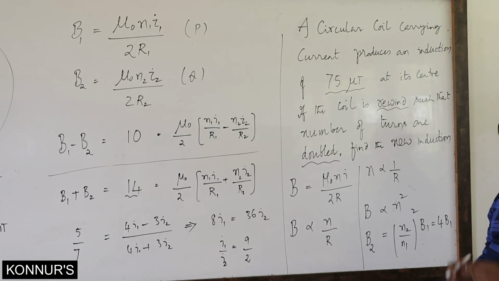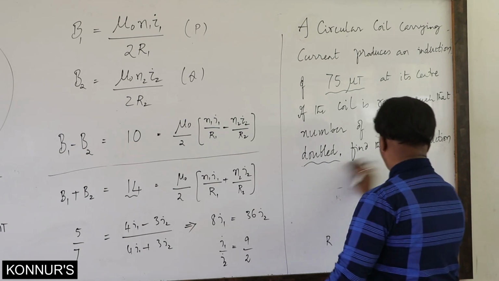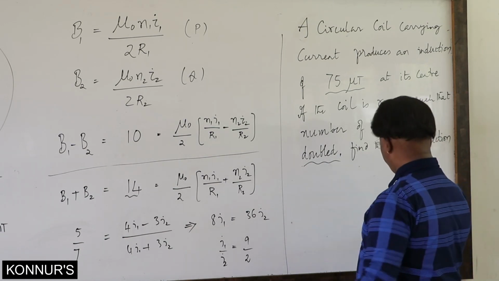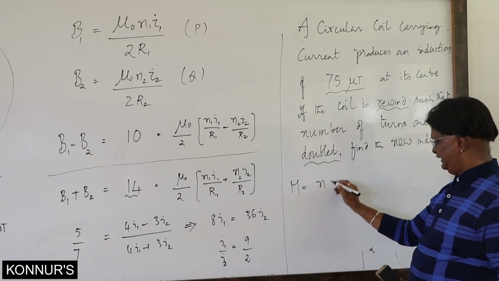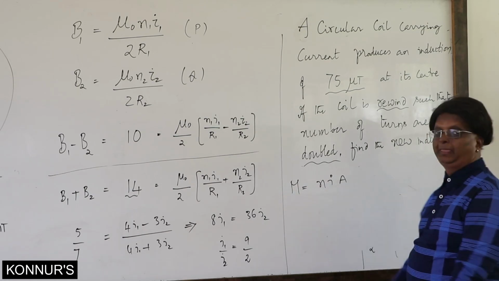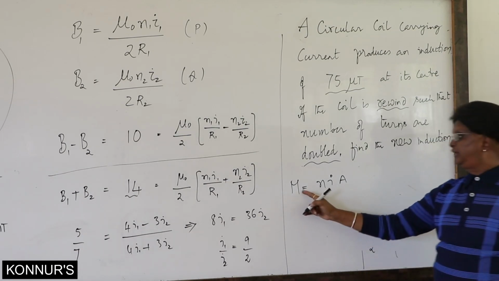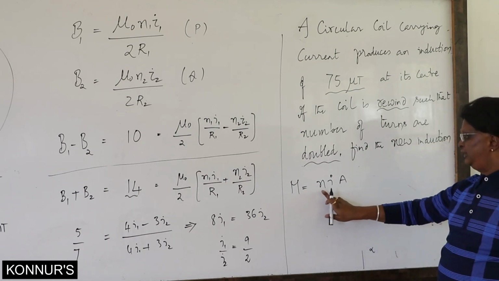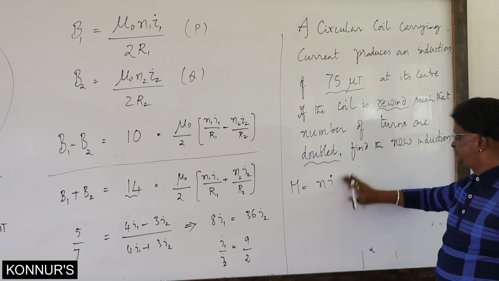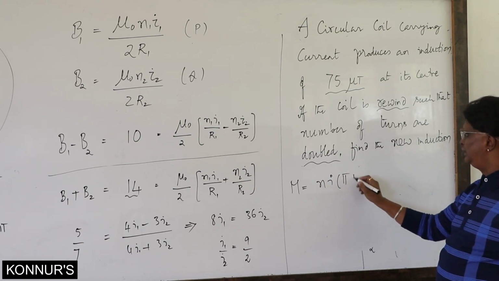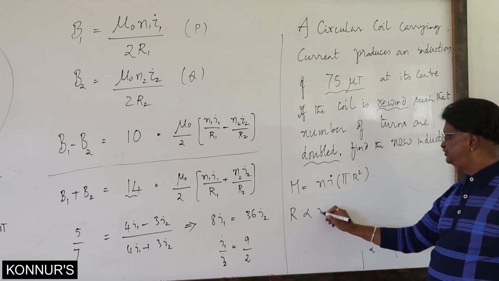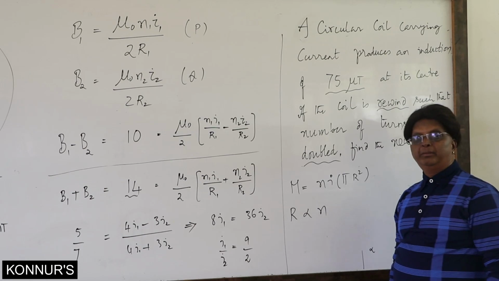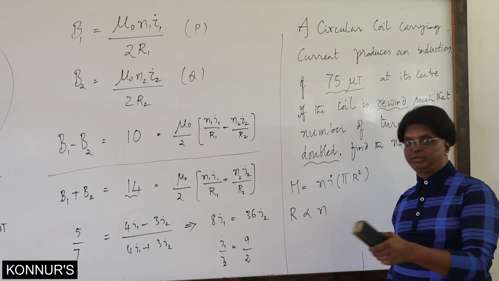In the same case, supposing you have to compare magnetic moments, then again we write our expression for magnetic moment. M is equal to NIA, N for number of turns, A for cross section, which I will write as pi r square, and again R proportional to N, because the data is in terms of number of turns.